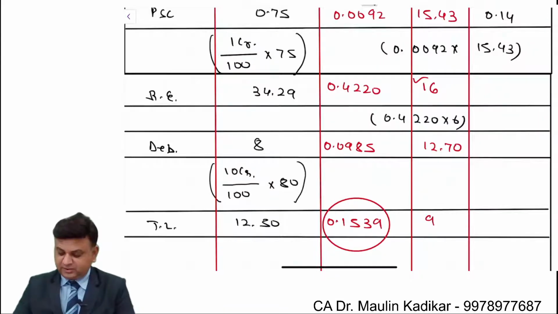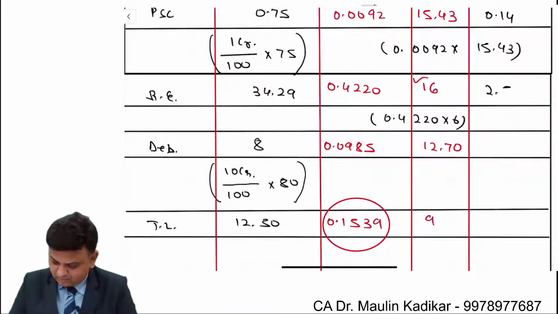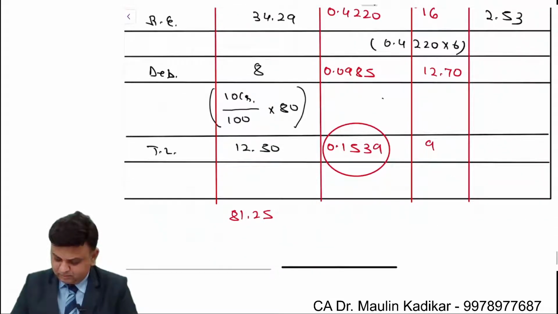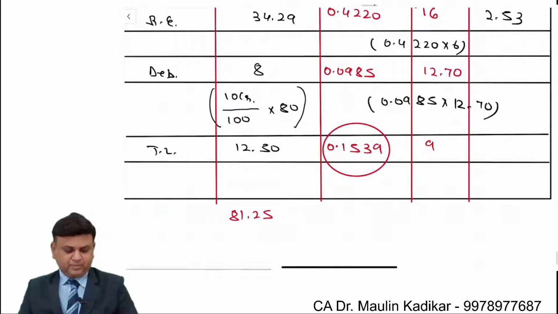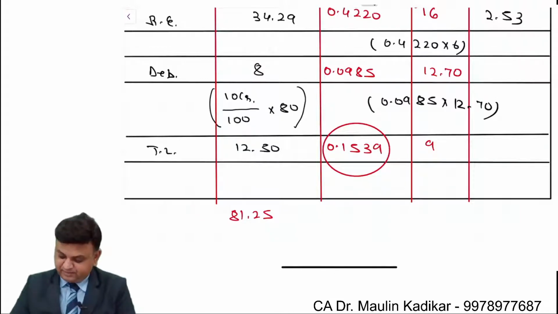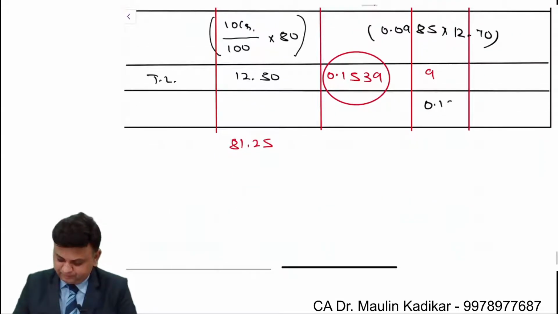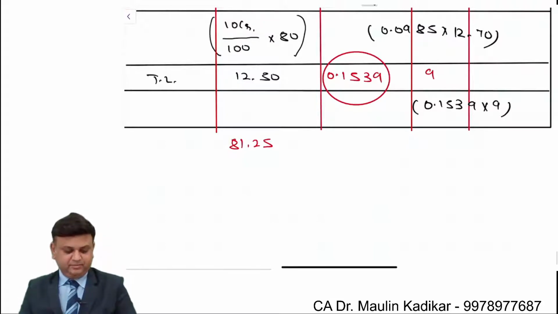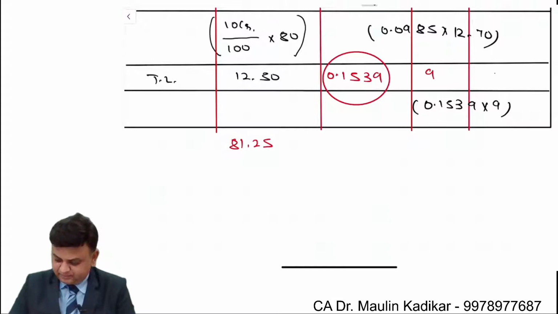So 2.53. 0.0985 into 12.7. So 1.25. 0.1539 into 9. 1.39.